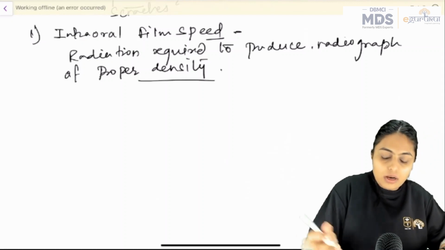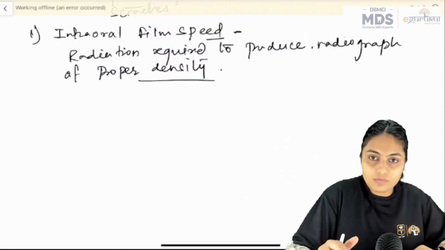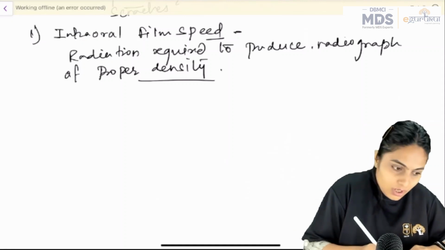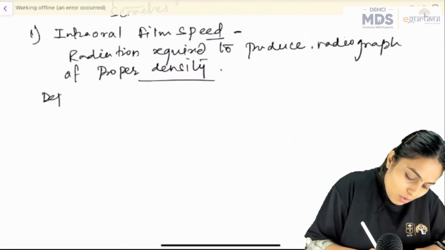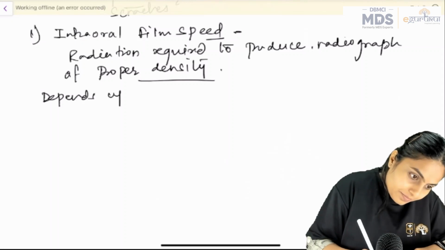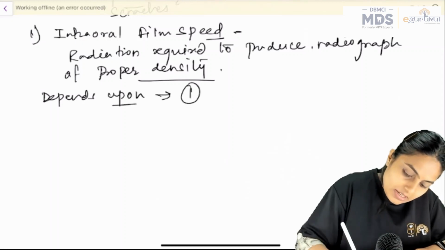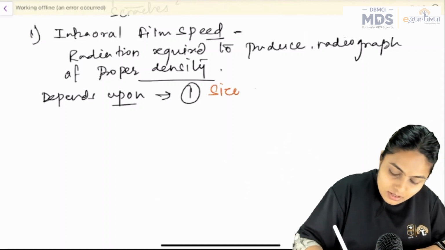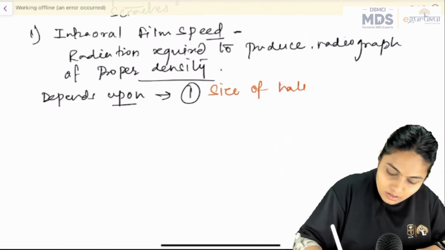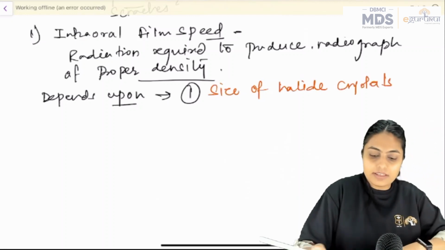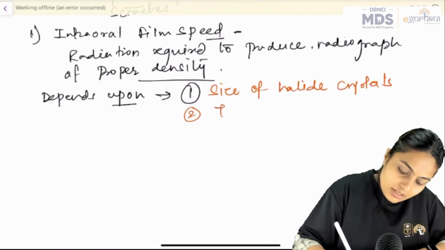Okay, now which are the factors on which this intraoral film speed depends? It depends upon, first, the size of halide crystals. Second, the thickness of emulsion.